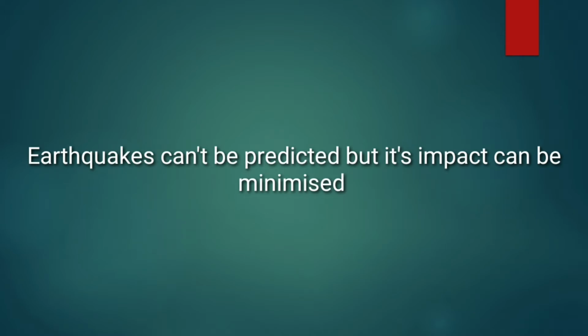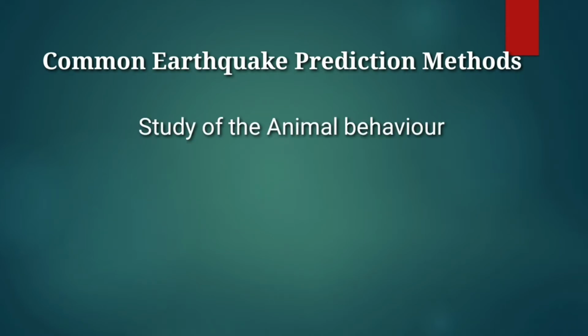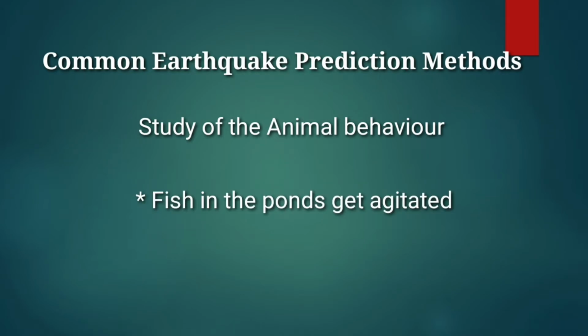We cannot predict the earthquake, but the impact of the earthquake can certainly be minimized if we are well prepared. Some of the common methods of predicting earthquakes adopted by local people are the study of animal behavior. Fish in the ponds get agitated.